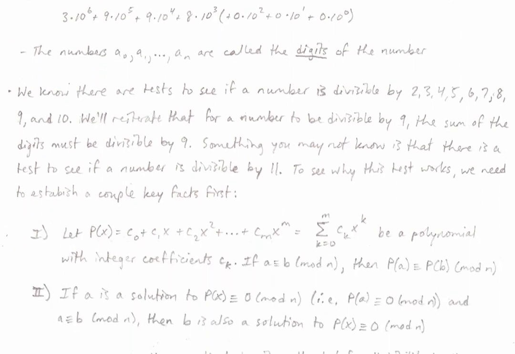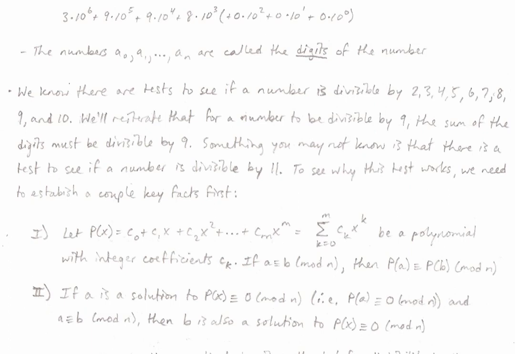I've included in my notes the facts that are operating behind the scenes. These are the facts that let us say that this test works. In previous times I've taught this course, I've gone through the proof of it. I'm not going to go through the proof this time.